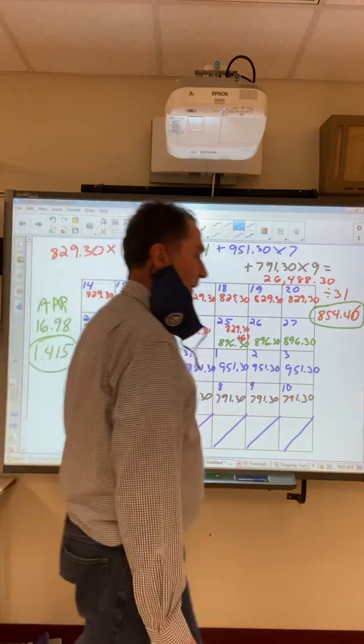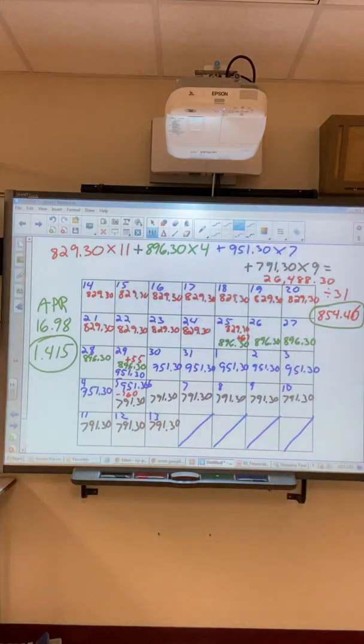So, in order to do our calculations on a calculator, you gotta make that a decimal. Google Sheets, we don't have to. That's what I like about Google Sheets.